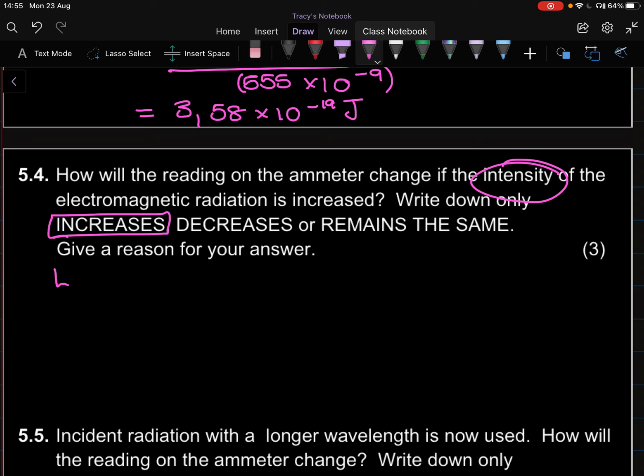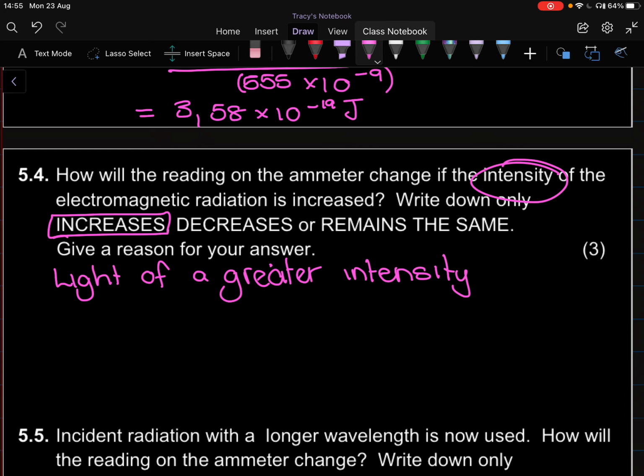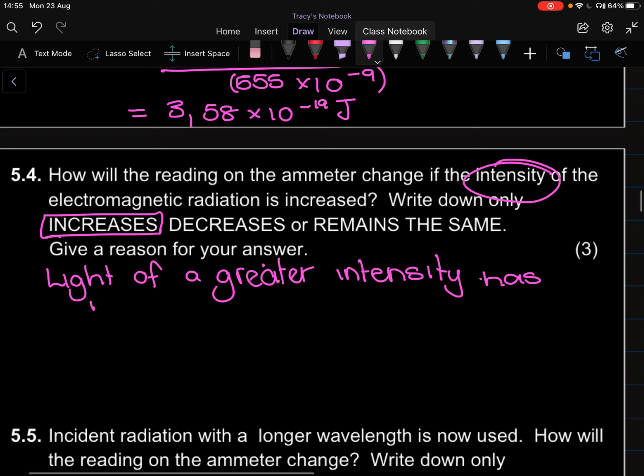Why? Light of a greater intensity has more photons striking the metal surface.